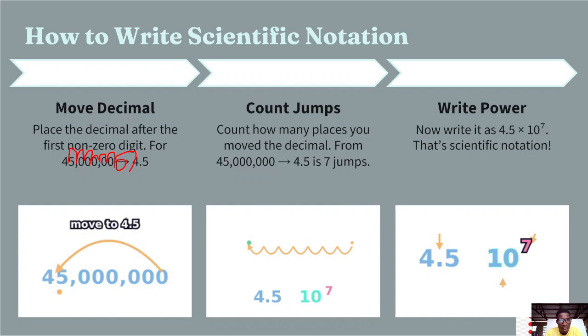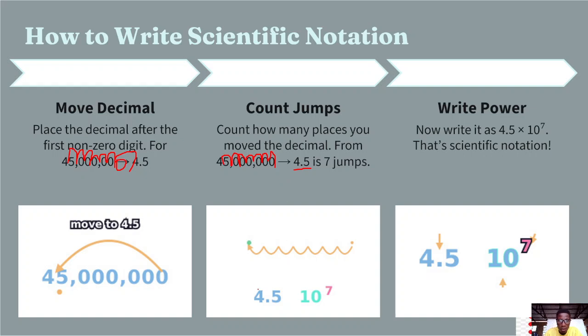So because here we have moved 1, 2, 3, 4, 5, 6, 7 times, we write 4.5 as the base, that number times 10 being the base with the number of jumps as the exponent.